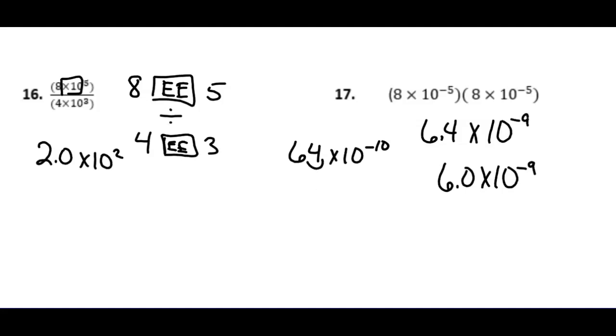You have to move that decimal one more place over, and that's where the 10 to the negative 9 comes from. Okay? This is not scientific notation. Looks like it, but it's not fully. Questions on any of those? Nope.